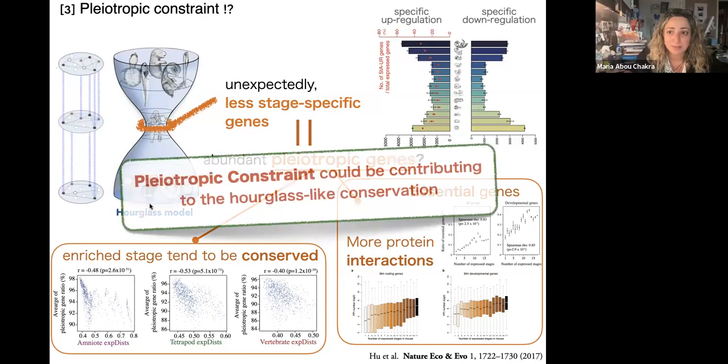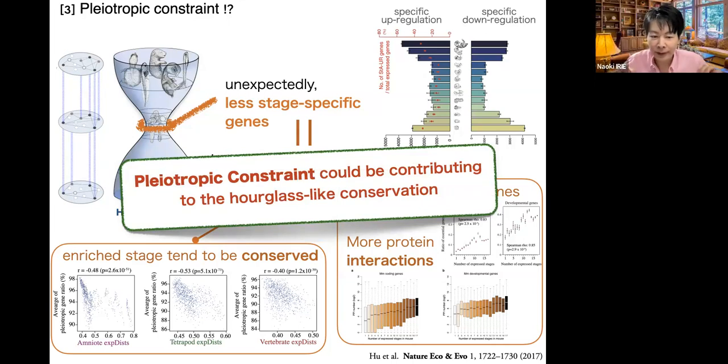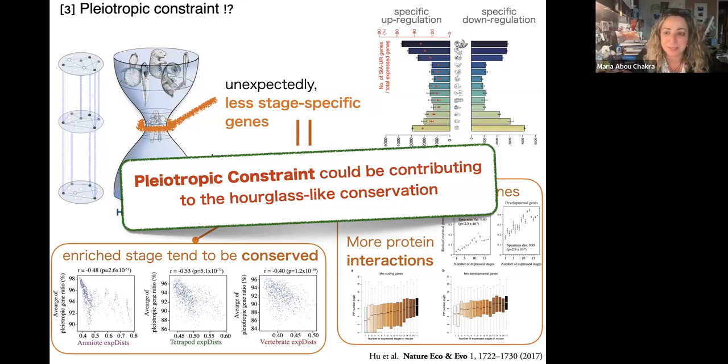Can I interrupt again? Yeah, sure. I just want to know, what is the difference between pleiotropic genes and a paralog? Maybe you can define what a pleiotropic gene is for me.